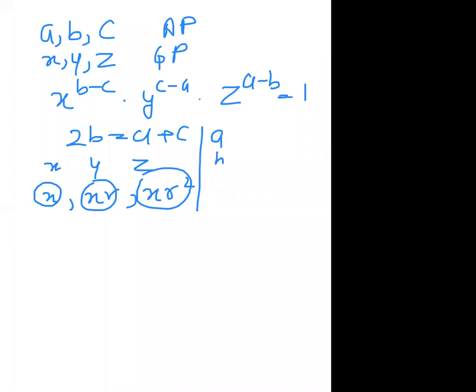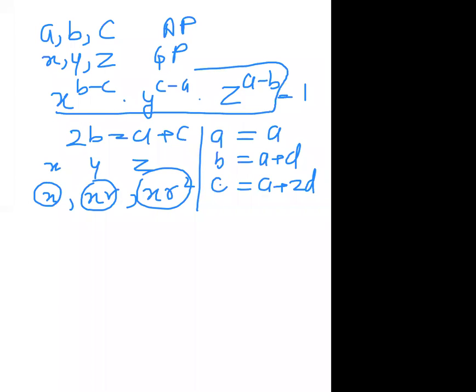A, B, C are in AP, so A is the first term, second term will be A plus D, and third term A plus 2D. Very simple thing I have done: I have converted everything into the first term and the common ratio or difference. Now I am going to put all this in the given expression, then we will be able to get the answer.